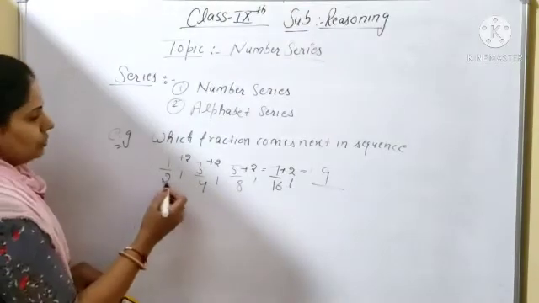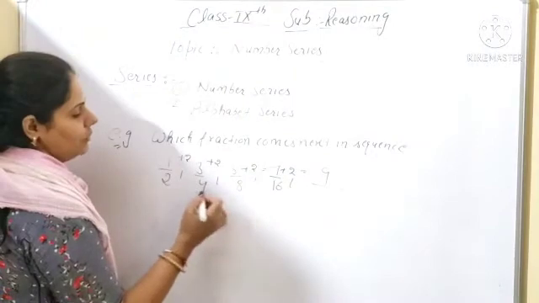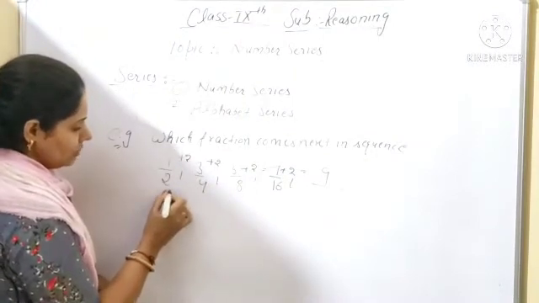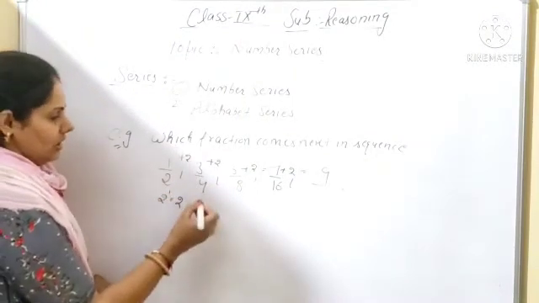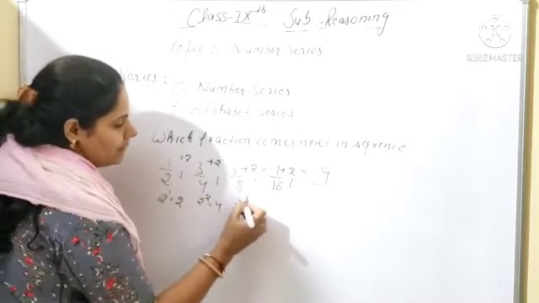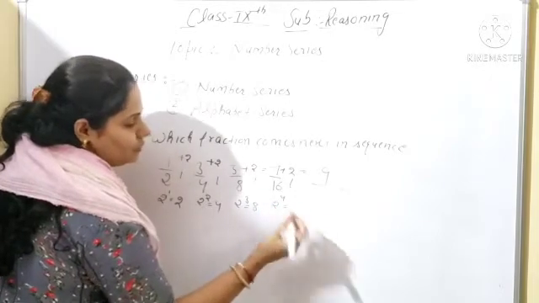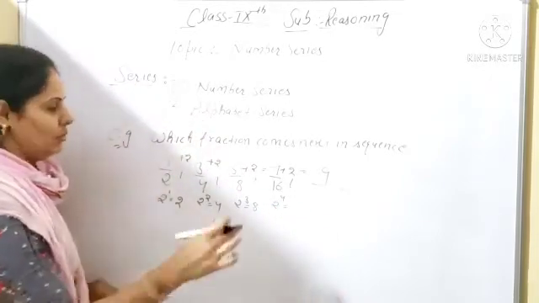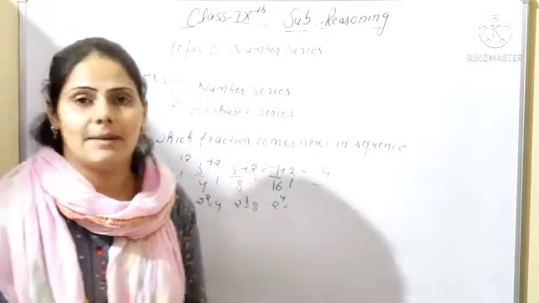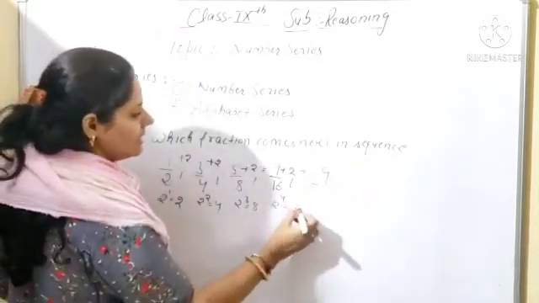So here you can see 2, it is 2 raised to power 1. Then 2 raised to power 2, so you are getting 4. 2 raised to power 3, you will get 8. 2 raised to power 4, so you will get 2 multiply 2 multiply 2 multiply 2. 2 raised to power 4 means, beta, you are multiplying 2 how many times? 4 times, so it will be 16.